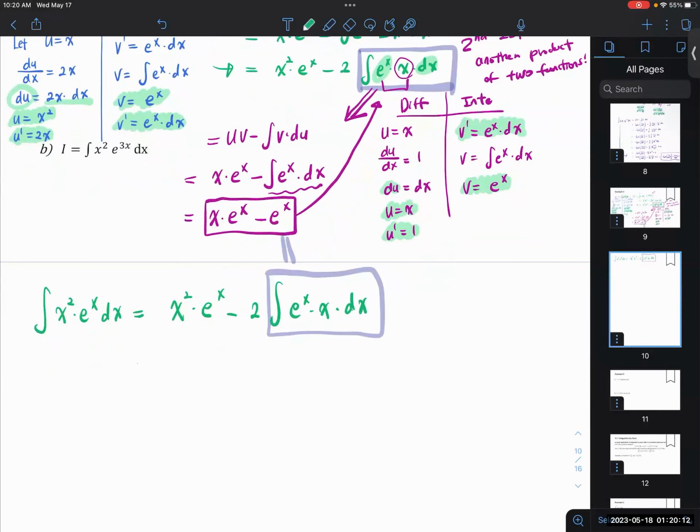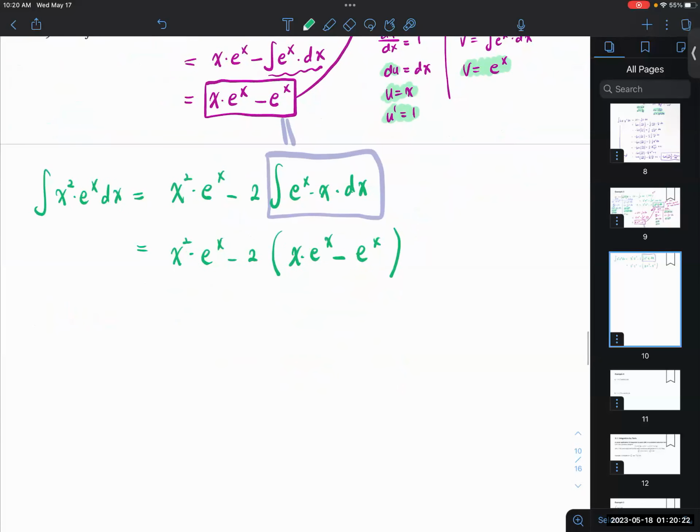So I'm gonna plug in: x squared e to the x minus 2 times x e to the x minus e to the x. Good. So now you have all the answer. I'm gonna simplify. Distributive property: x squared e to the x minus 2x e to the x plus 2 e to the x, nothing we can combine, and then plus c, that's your final answer.